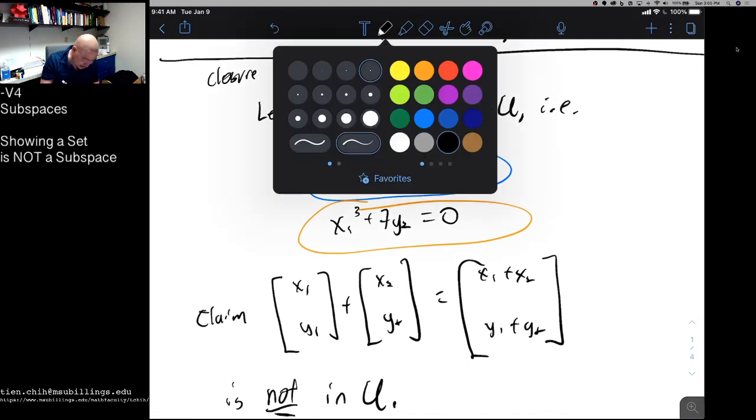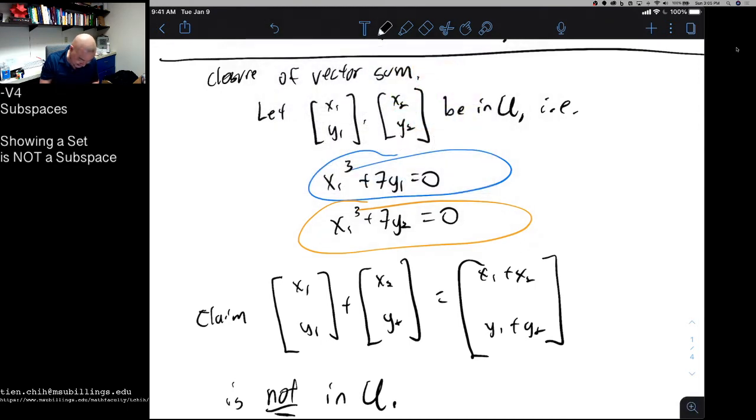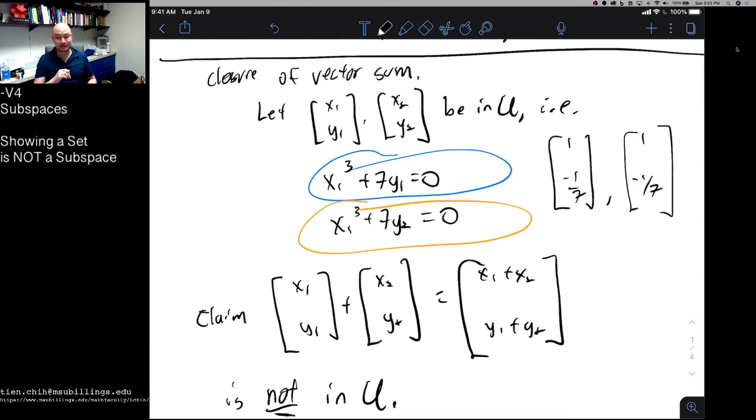So I think a good choice for (x1, y1) and (x2, y2) would be (1, -1/7) and (1, -1/7). Right? 1 cubed is 1, plus 7 times -1/7 is 0. So this lives in U. And this is the exact same vector, so that lives in U as well.